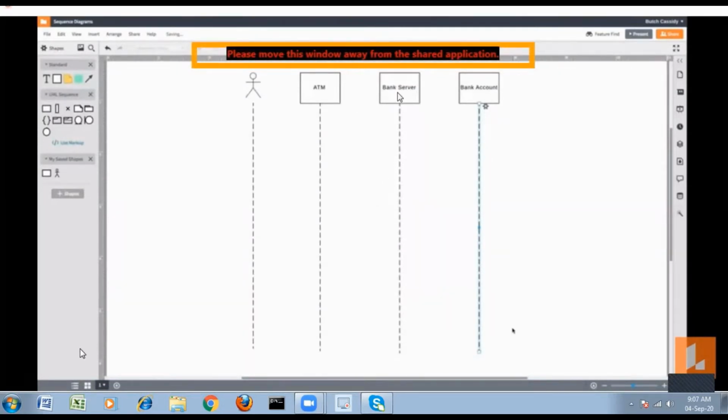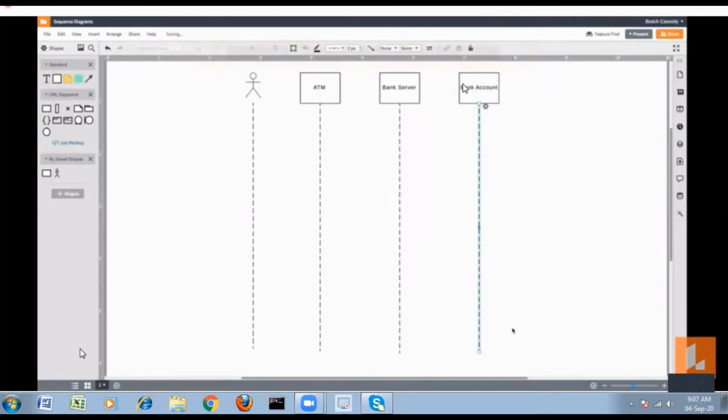And then you have different components for your systems. Let's take this example of an ATM. Suppose I have an ATM, a bank server and a bank account. These are the three components that I decide for the sequence diagram, or basically for the events that are occurring.